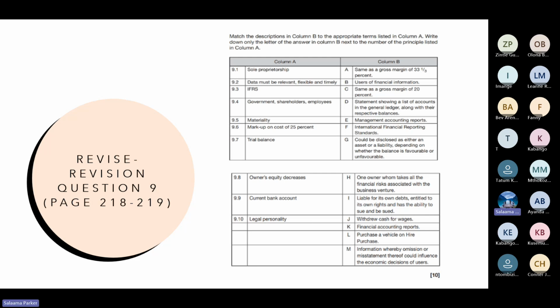I'm sure by now you know what a sole proprietorship is. I can give you a few minutes just to see if you could answer these questions.